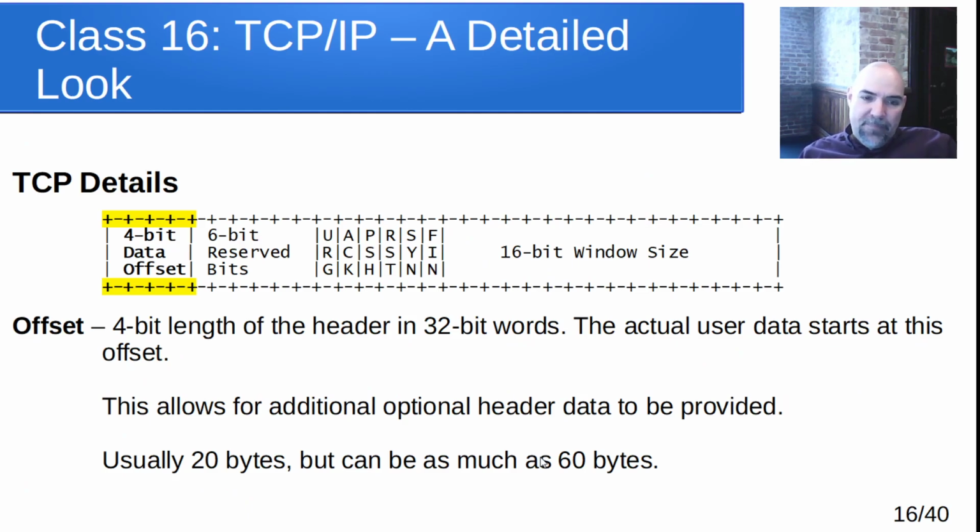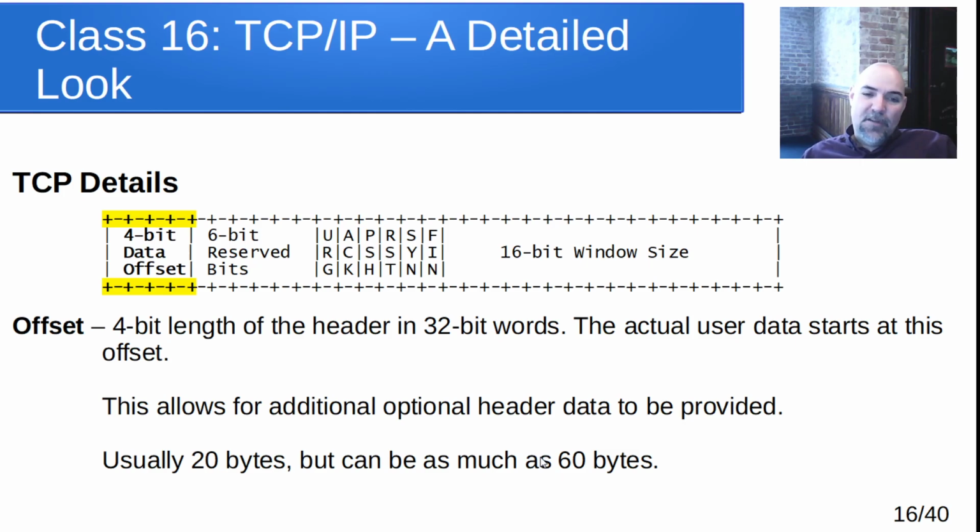Okay, moving down that header, we have that 4-bit data offset. That's the length of the header in 32-bit words. For the most part, it's usually 20 bytes, so it usually has a 5 in that position, but it could be as much as 60, and that allows you to have optional header data that's provided after the normal header, but before the application data.